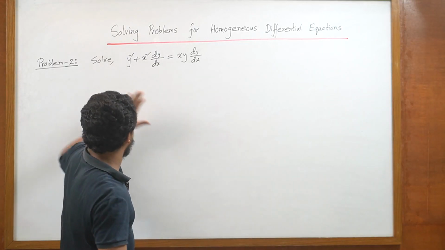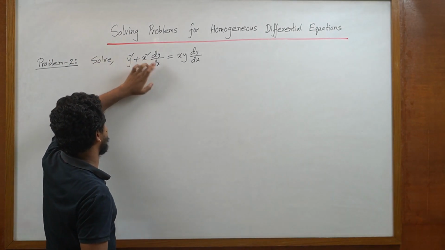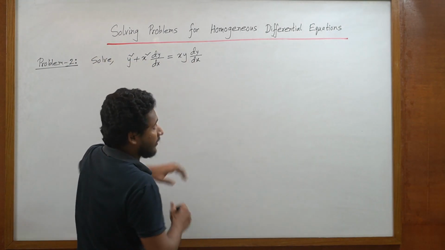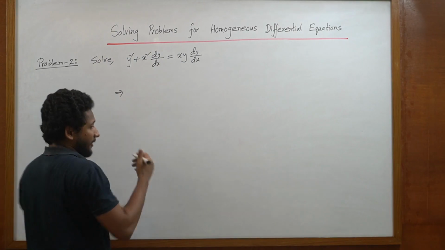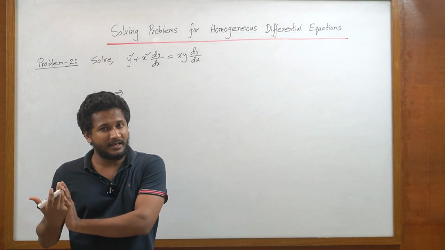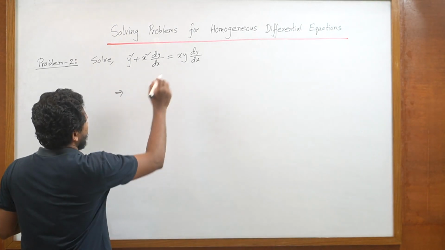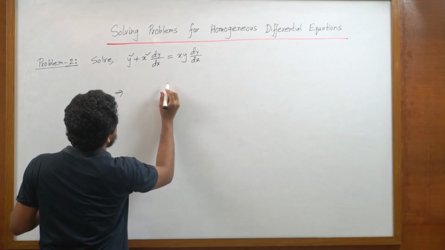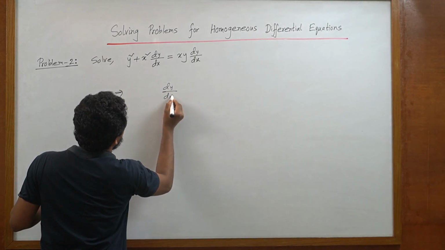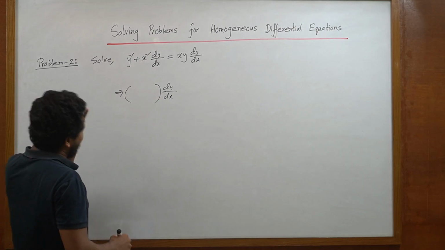Now we are going to problem 2. This problem says (y² + x²) dy/dx = xy. We will first separate dy/dx as an entity to the left-hand side.